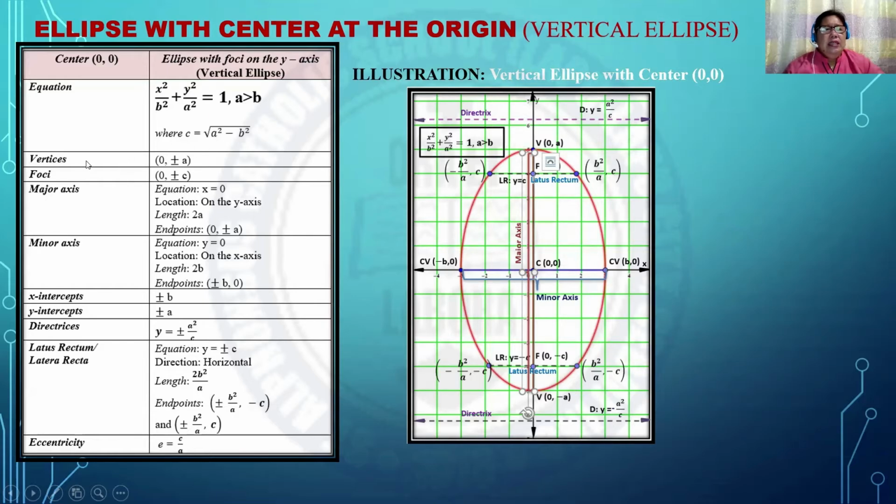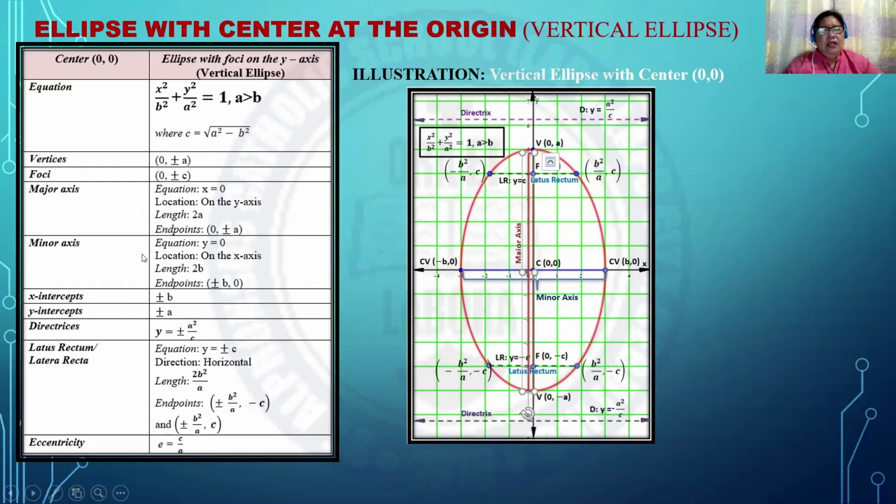The vertices, we have the coordinates 0, positive, negative a. Foci, we have 0, positive, negative c. For the major axis, equation now is x is equal to 0. Location on the y-axis, the length is equivalent to 2a. The endpoints, we have 0, positive, negative a.